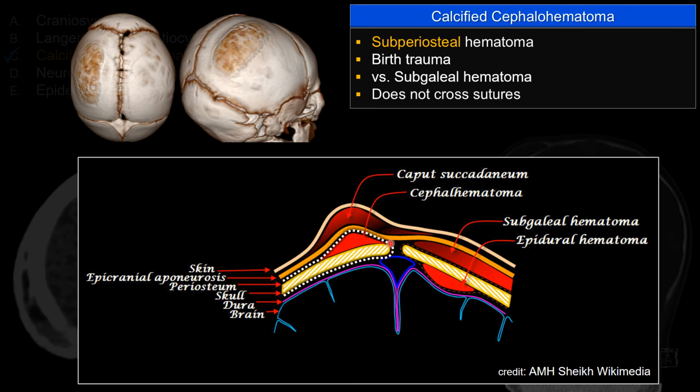On the other hand, subgaleal hematoma is sitting above the periosteum, so it can cross suture. Therefore, subgaleal hematoma has the potential to be more diffuse and sometimes can give the patient more trouble in terms of blood loss. Again, the big distinction between subgaleal hematoma and cephalohematoma is that cephalohematoma does not cross suture, like in this case.